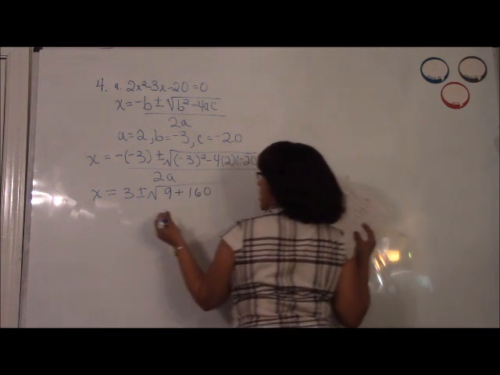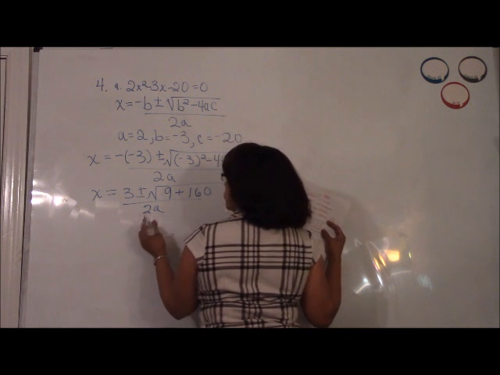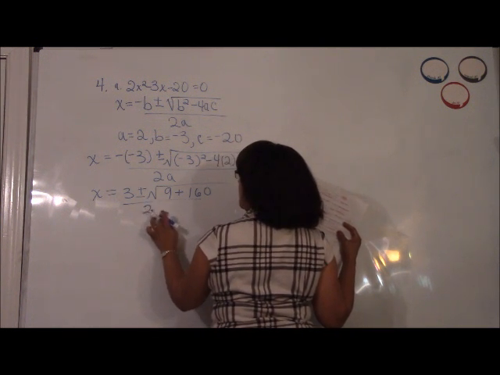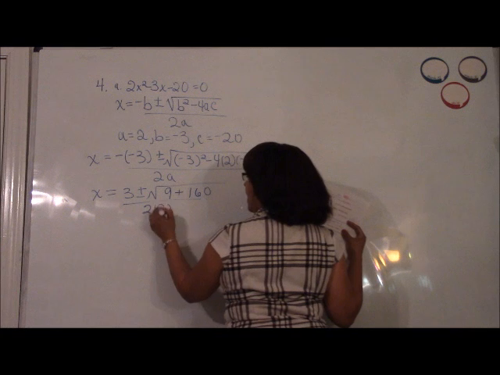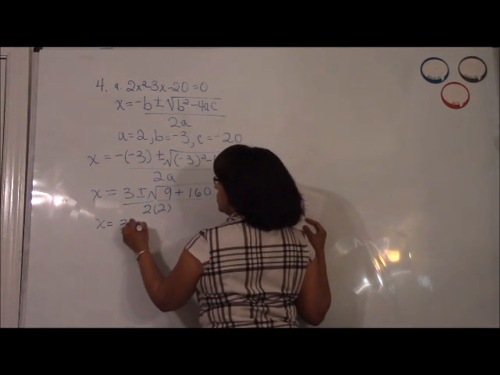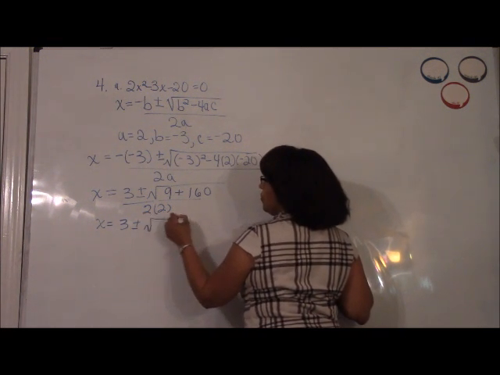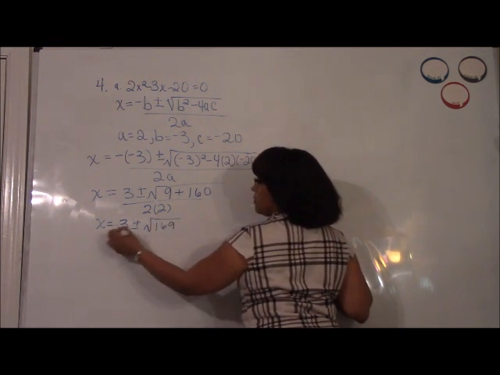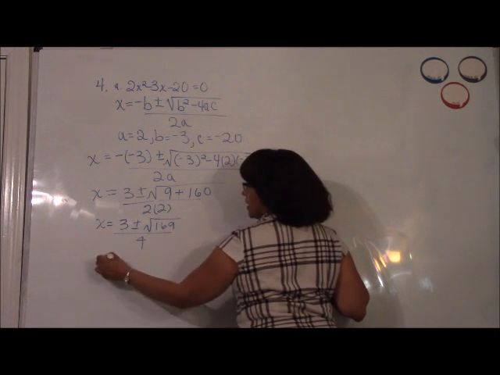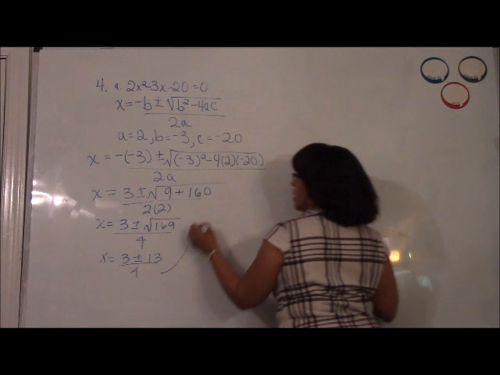So this is turning out pretty nicely. All divided by 2a. Let me plug in my a. My a is 2. So x is equal to 3 plus or minus, you can plug in a at the beginning, that would have been a good spot, the square root of 169, 2 times 2 is 4. x is equal to 3 plus or minus 13, all divided by 4.